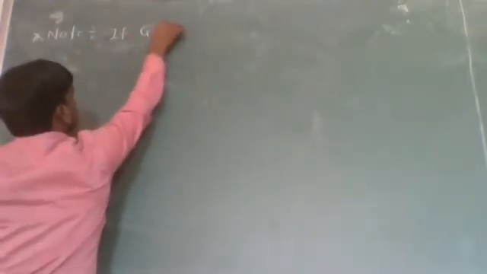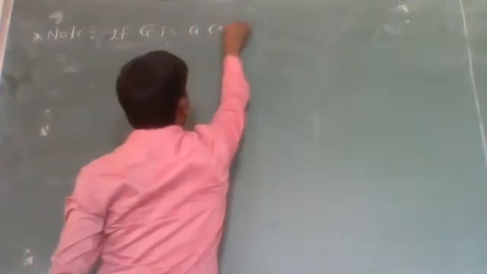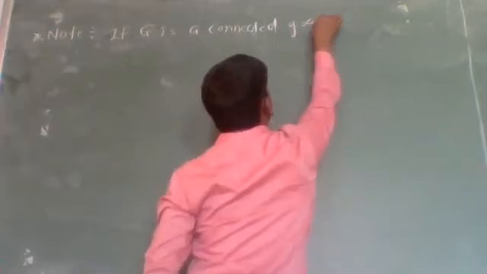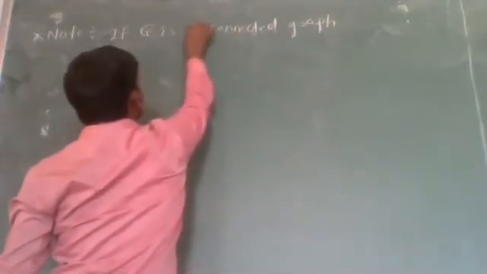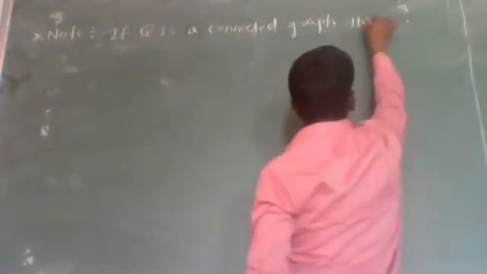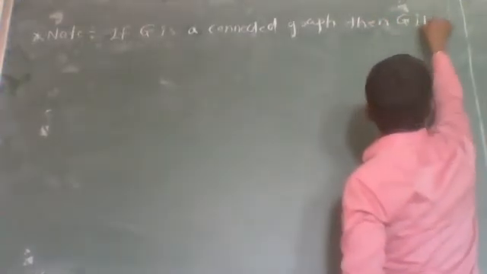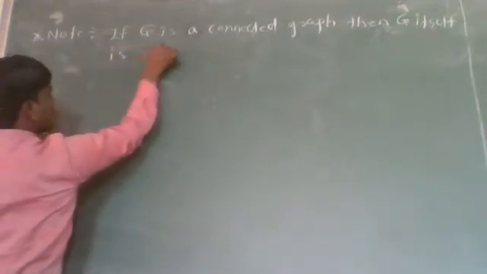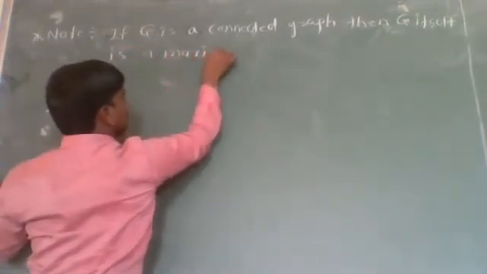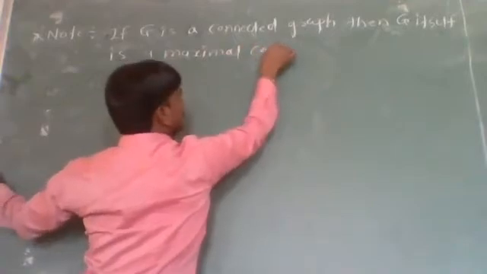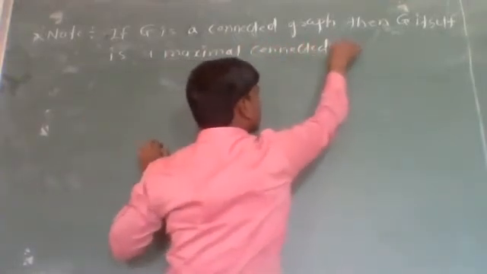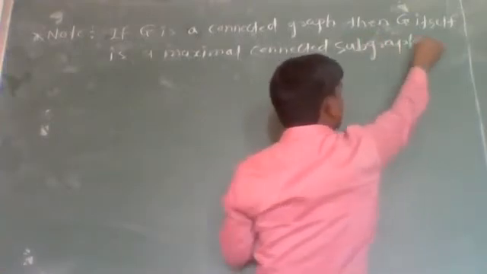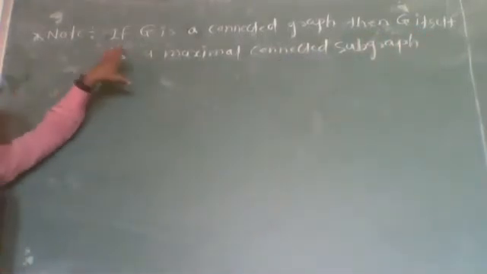Now if G is a connected graph, then G itself is a maximal connected subgraph.